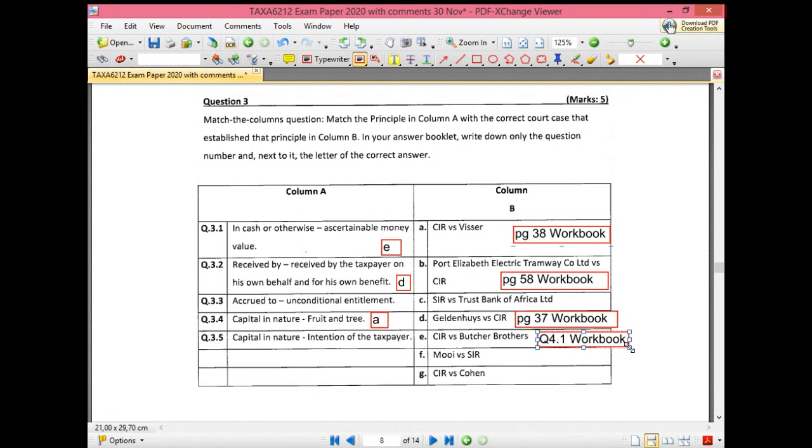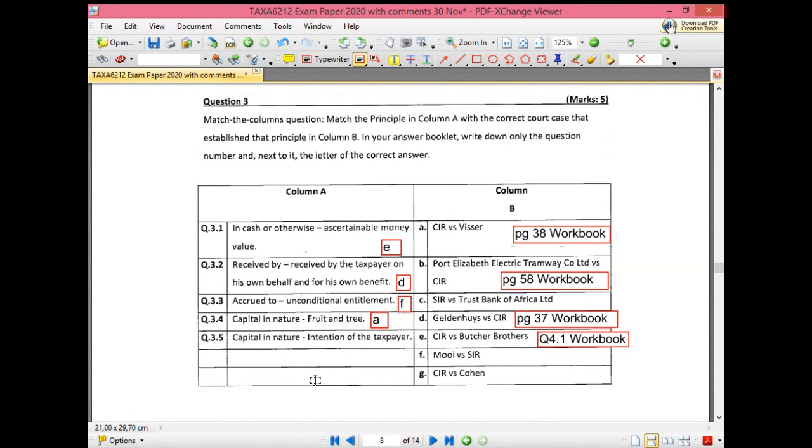Okay, then we know Moy says that something accrues to you when it is unconditional entitlement. So we know number 3 relates to your Moy case. Okay, so now we have 2 cases left over. We've got CIR Trust Bank and we've got CIR versus Cohen. Now one of those 2 talks about your capital in nature, so the intent of your taxpayer.